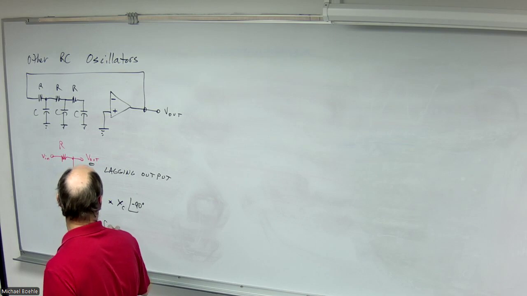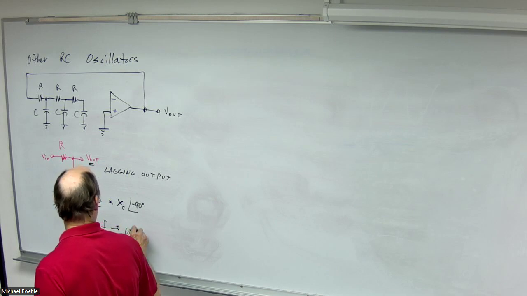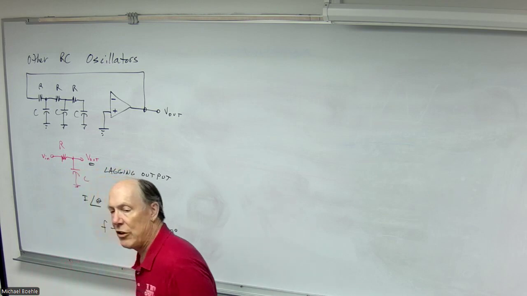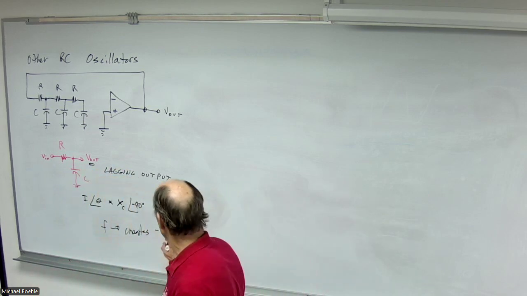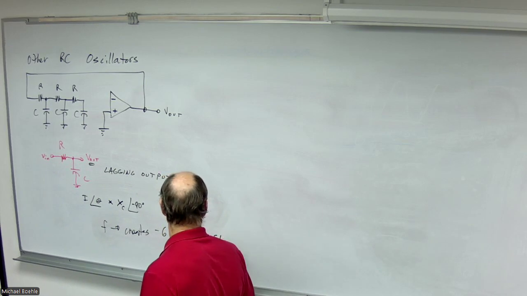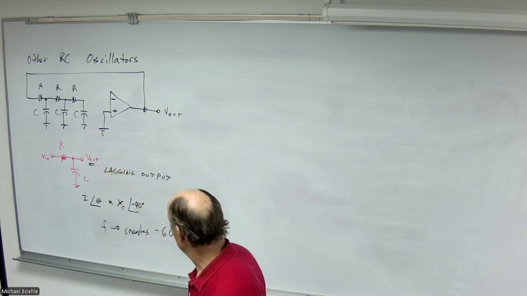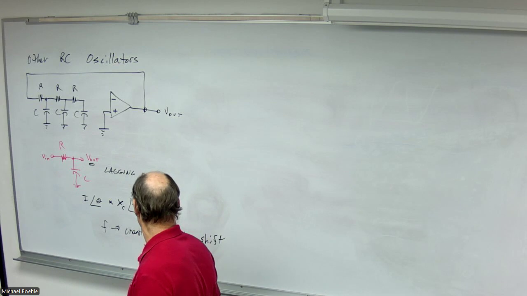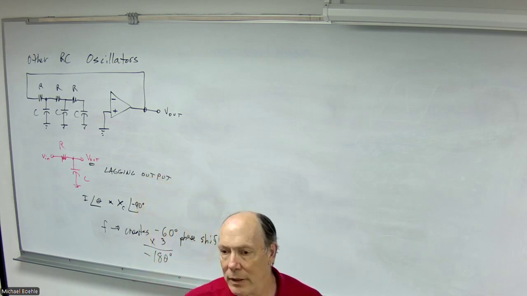So I basically want a frequency that creates a negative 60-degree phase shift. Now, why? Well, I have 3 of them. 3 times negative 60 is negative 180 degrees. That's inverting.